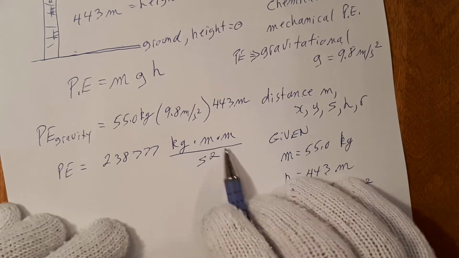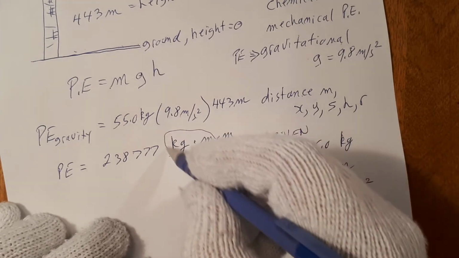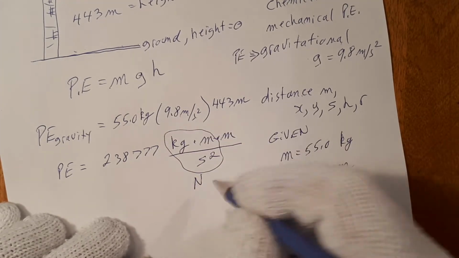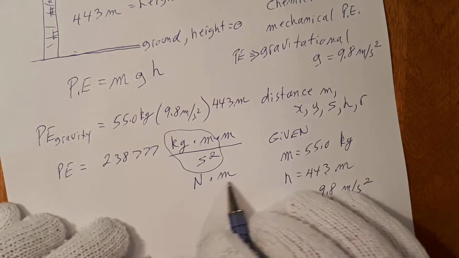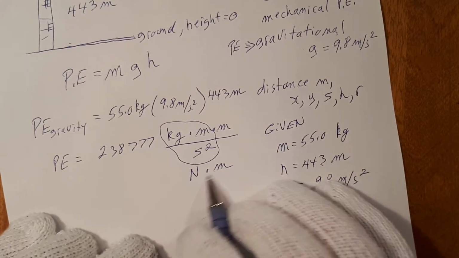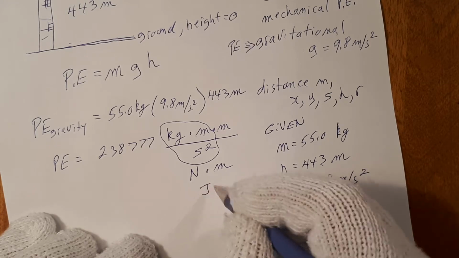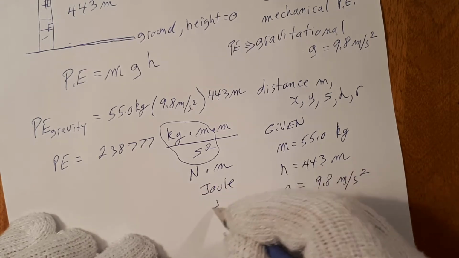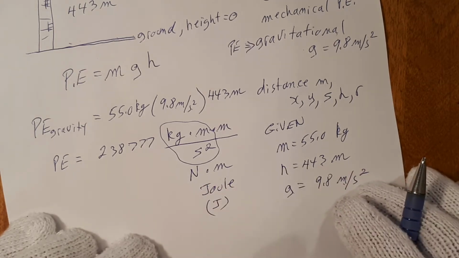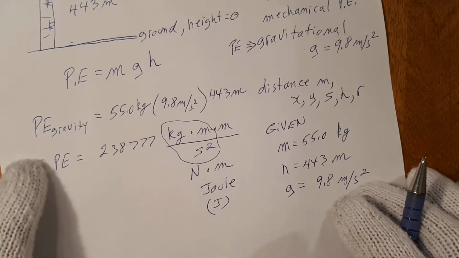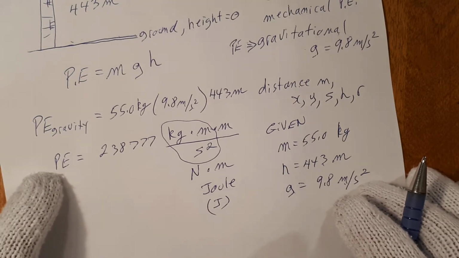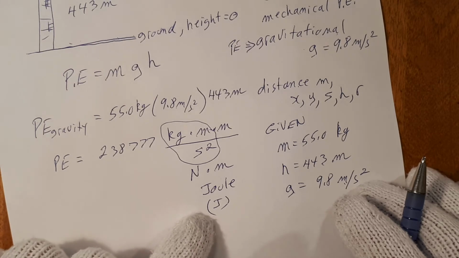Looking at the units, we know that this is a Newton times a meter. And a Newton meter has been given a special name of a joule, represented by the letter J. All energy, potential energy or kinetic energy, all energies have the unit of a joule.